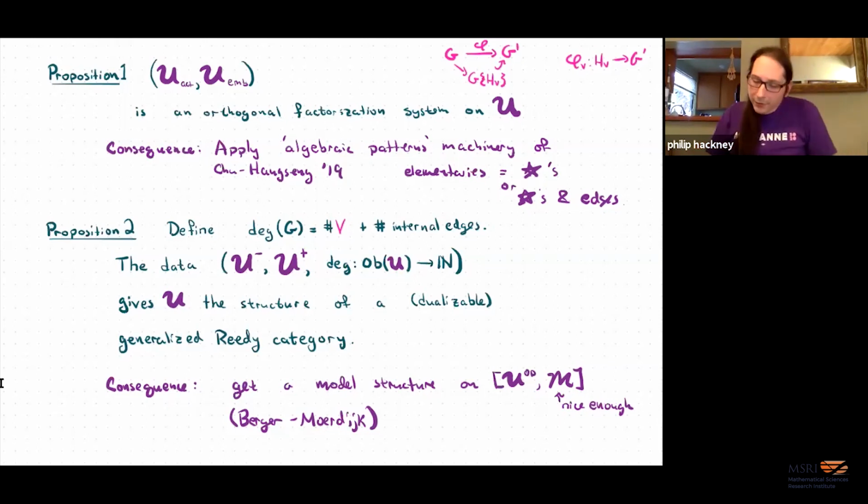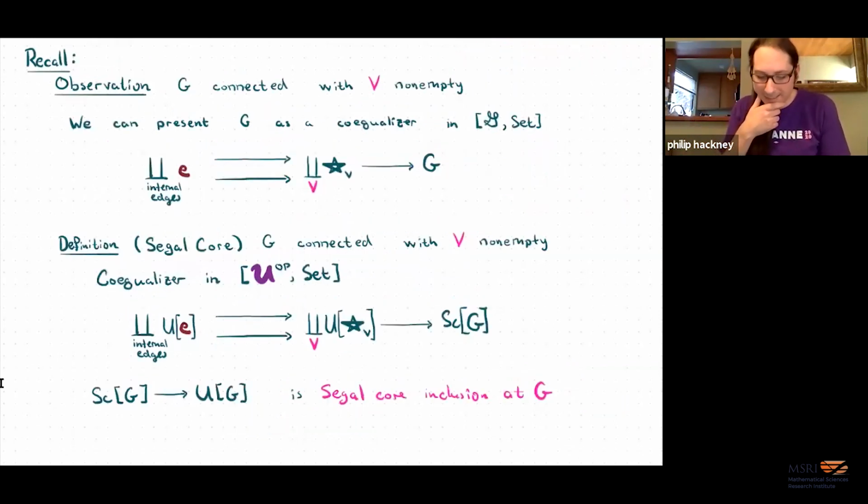Okay, so I said that proposition 1 will allow you to apply some machinery of Chu and Haugseng to this. I can unravel how this would look in this case. Recall that we had this description of a graph as a coequalizer. I can convert this over to the setting of representable presheaves.